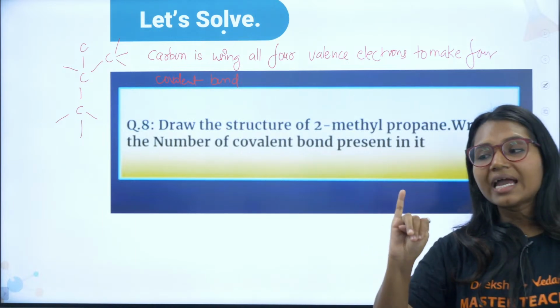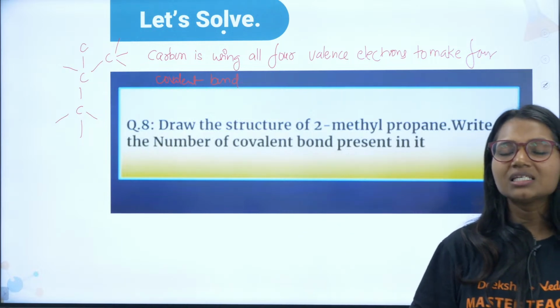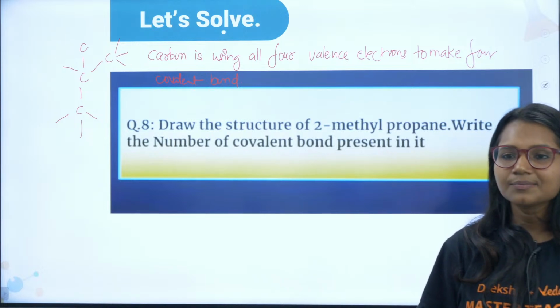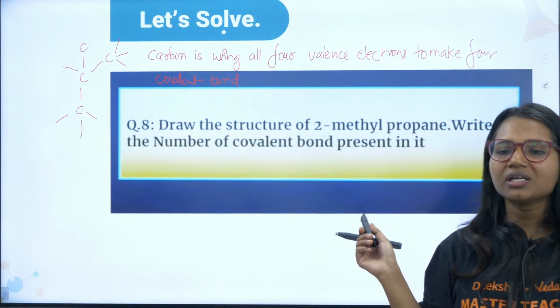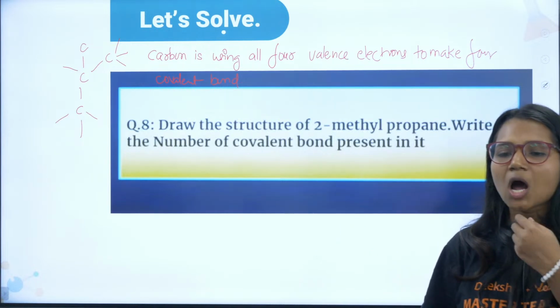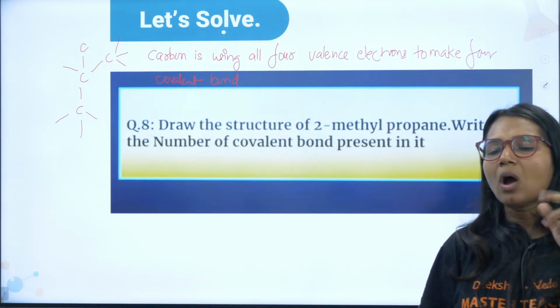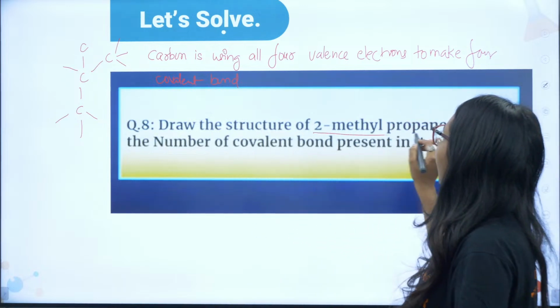In diamond it is using all 4. Is the doubt clear? Can I move forward to this question? Very good Amrut, you have asked the doubt. If a question arises in your mind, don't forget to ask. Now, draw the structure of 2-methyl propane.